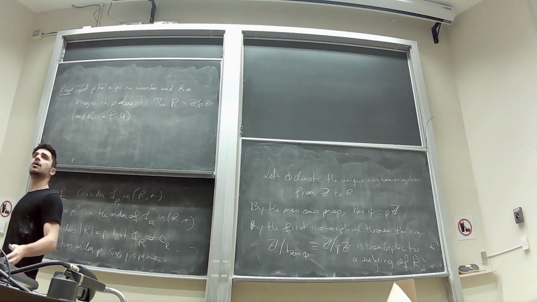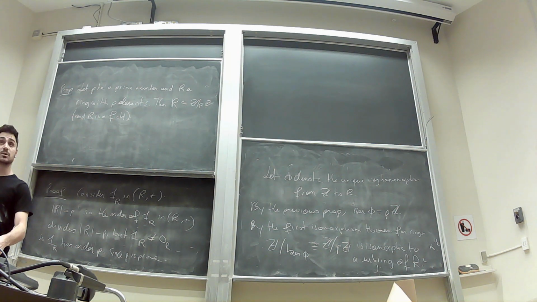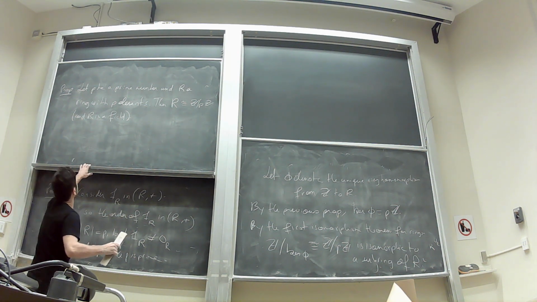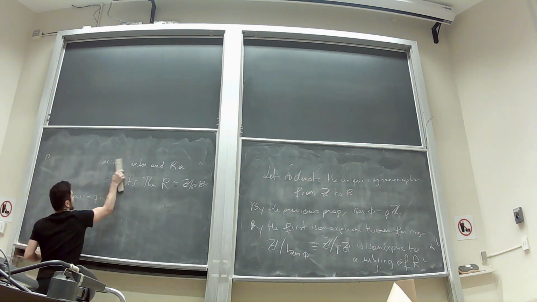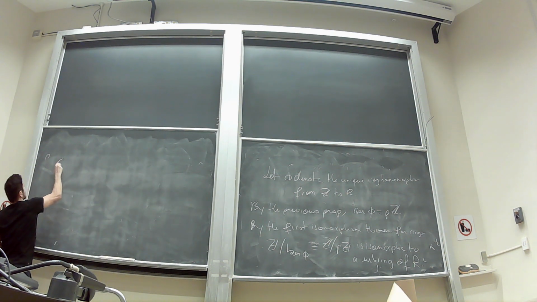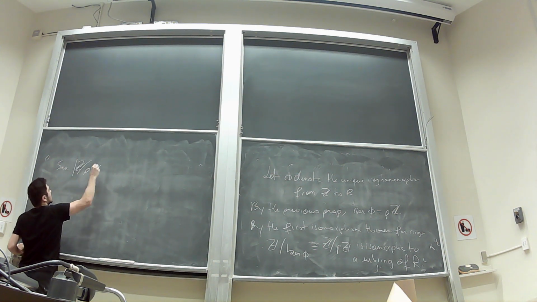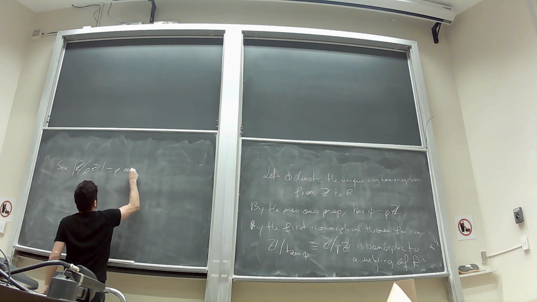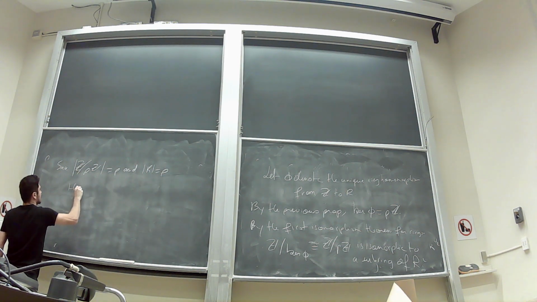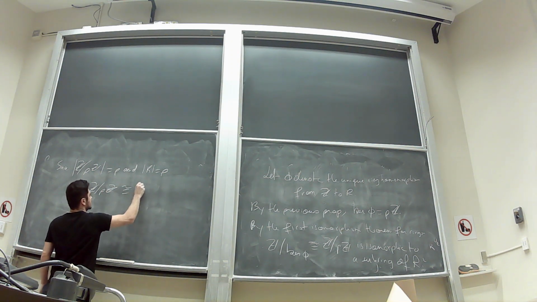Now what is the size of R? P. What is the size of Z mod PZ? It's P. So what can I say about these two rings? They're isomorphic. Since Z mod PZ has size P and R has size P, then Z mod PZ is isomorphic to R, right?